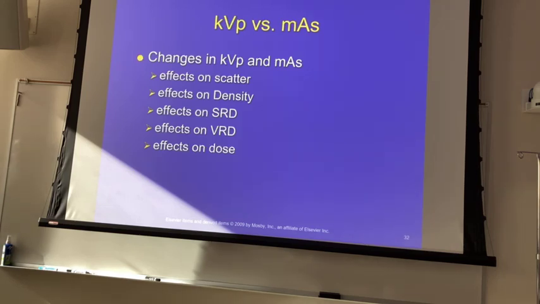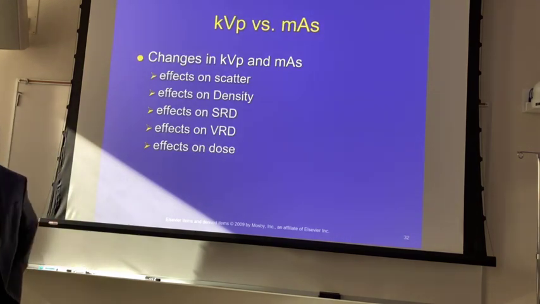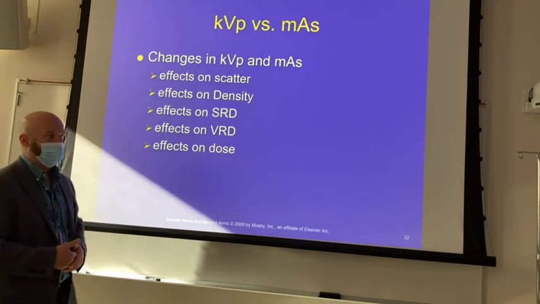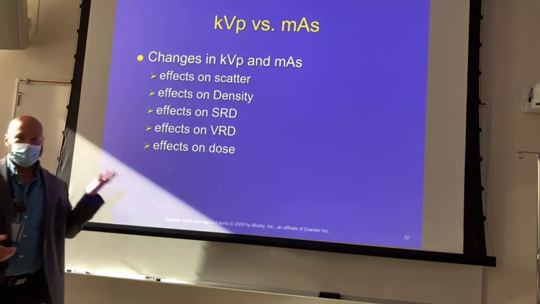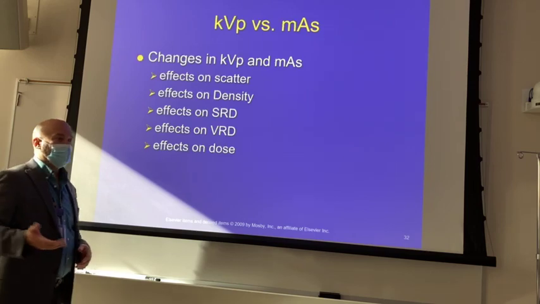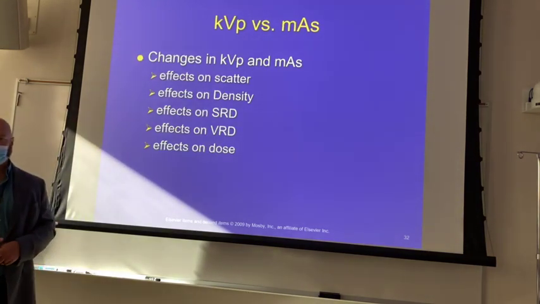So, affects the density. If we change kVp, we talked about that, and we increase kVp, we increase, and again, density equals exposure to the image receptor. So if you increase your kVp, you increase that image receptor exposure. But it's exponential. A 15% increase in kVp gives you how much of a change in your image receptor exposure?